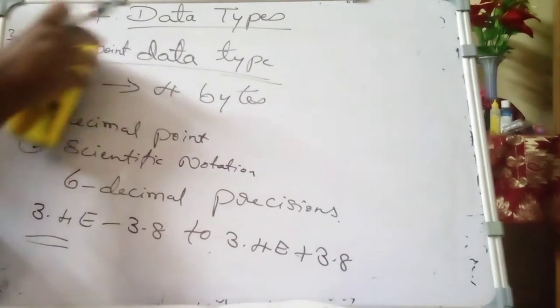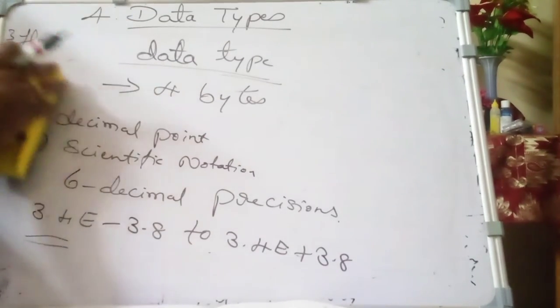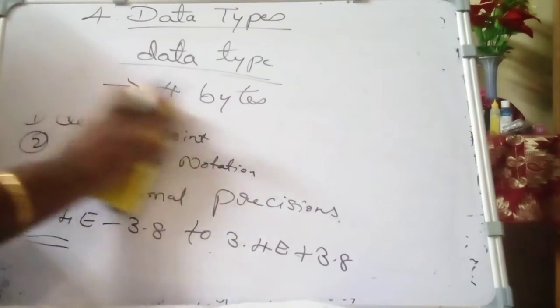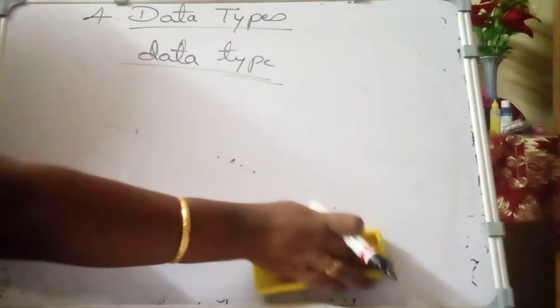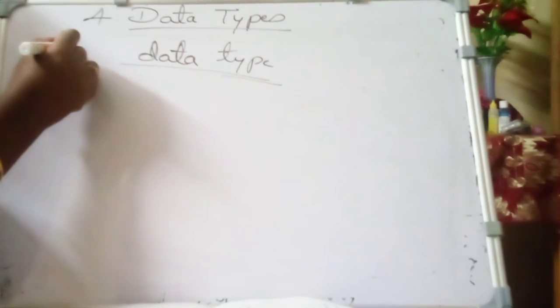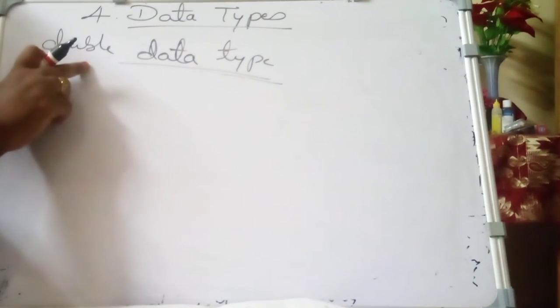Then the fourth type of data type is double. Double is a keyword coming for the double data type.